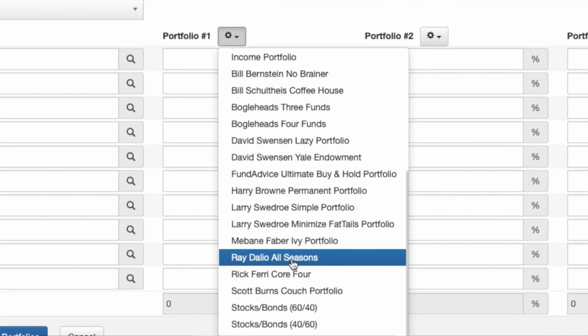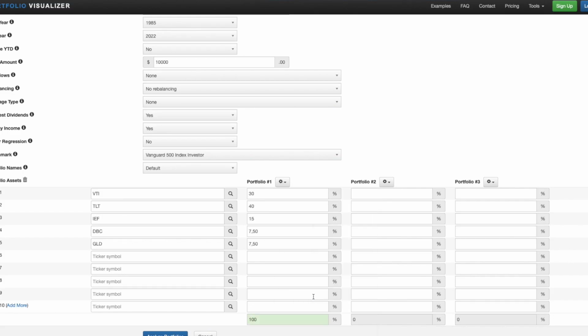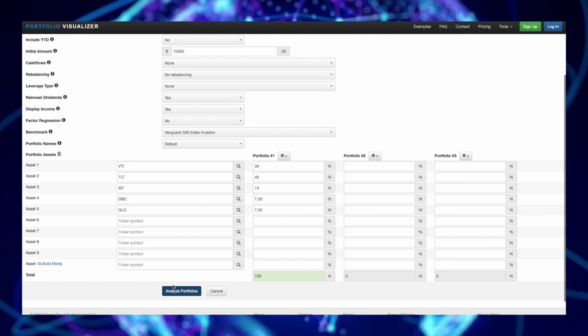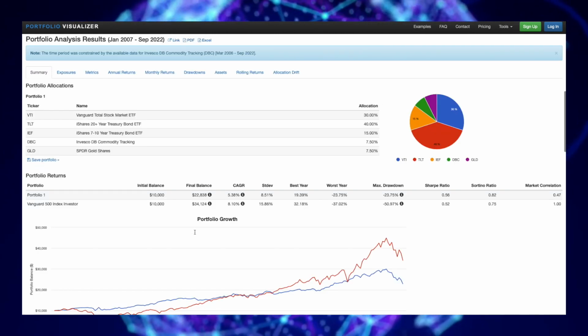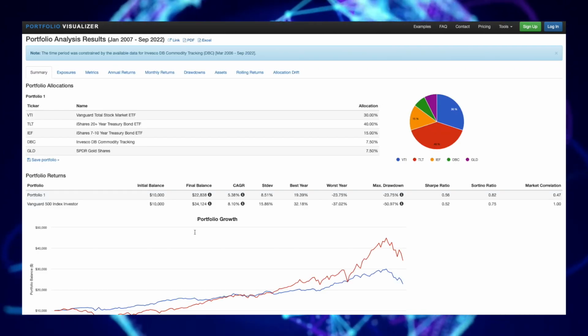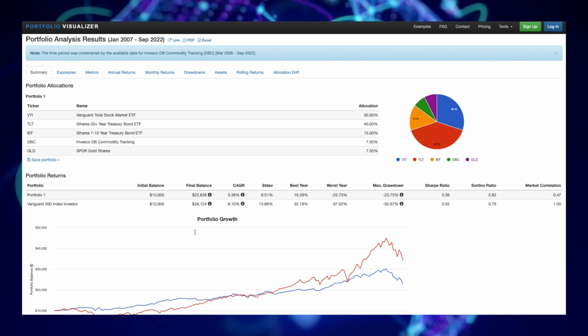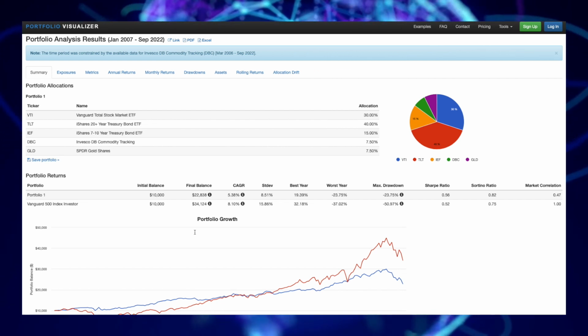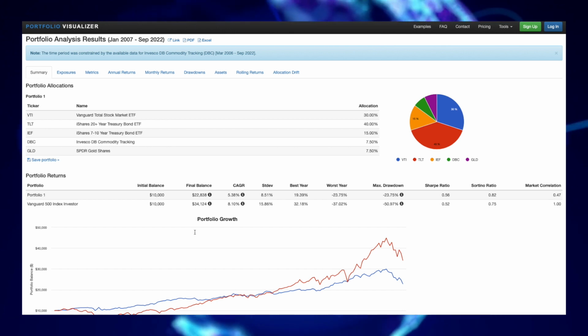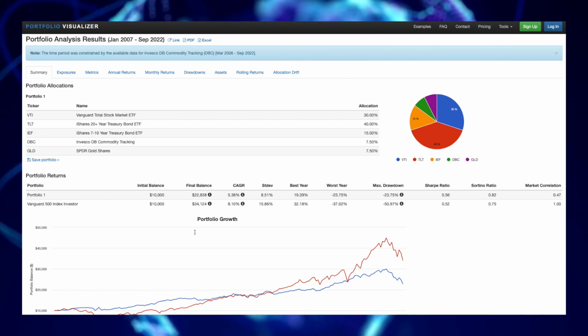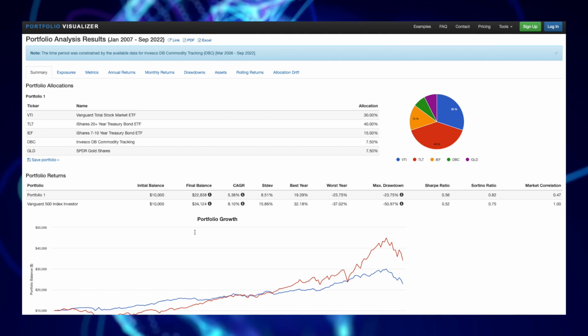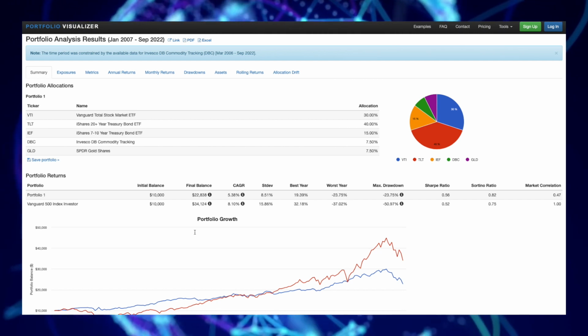If you hit that one, the visualizer will automatically choose the corresponding ETFs at the correct percentage. So all you have to do is analyze portfolio. And here now you can see why it's a good idea to make the custom name, because it just calls it portfolio 1. So here you would go up and enter the portfolio, call it Ray Dalio all seasons.